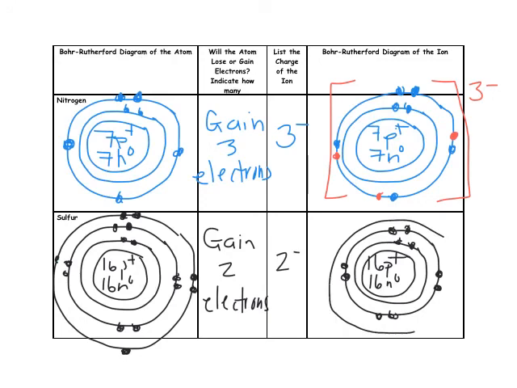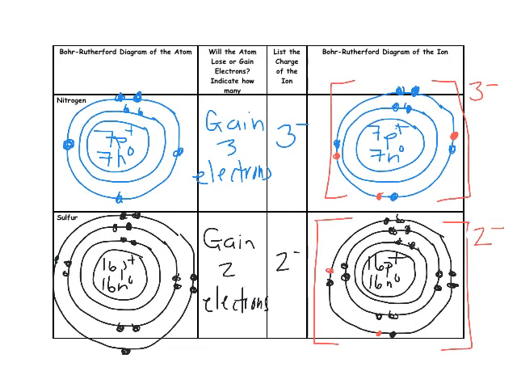But now that third shell has the original 6 electrons, plus 2 more, which I will draw in red. Because it's an ion, we draw the square brackets around and a charge of negative 2. Let me just fix that here. And that's how you draw Bohr diagrams and Bohr diagrams of ions.